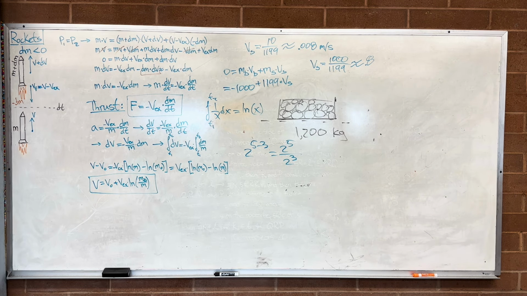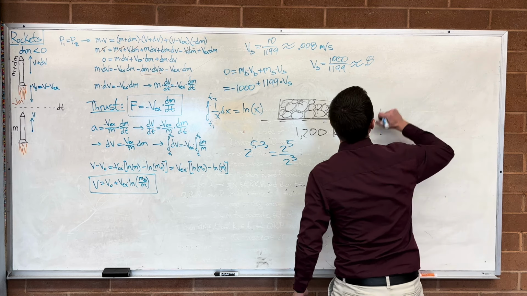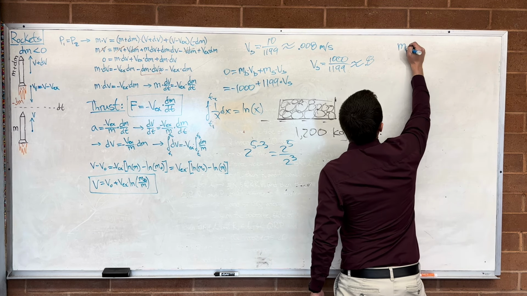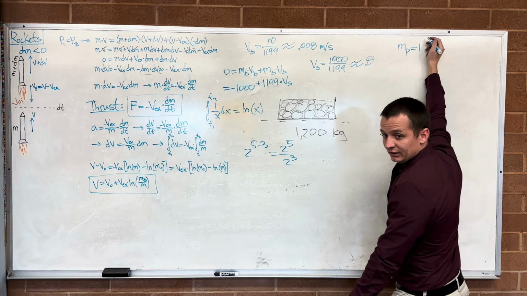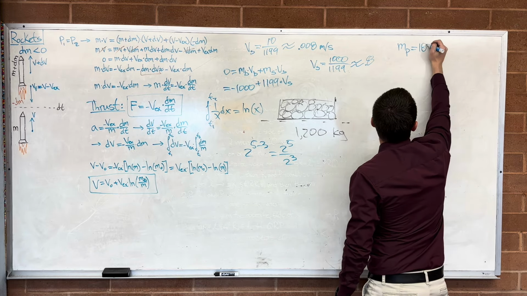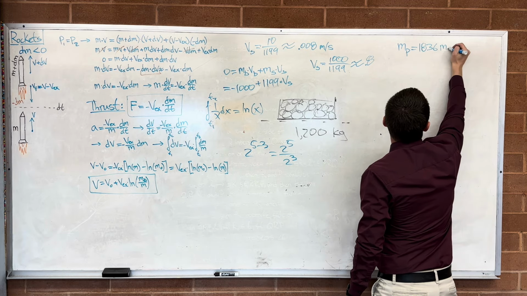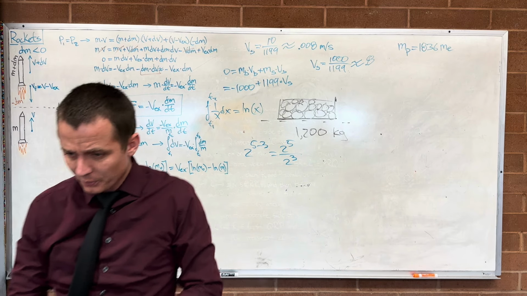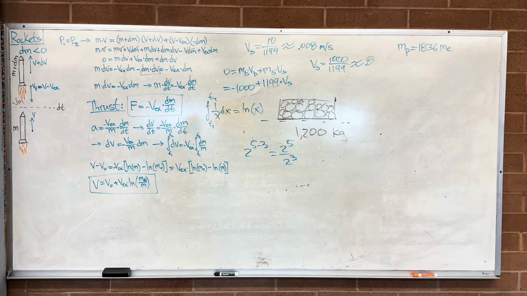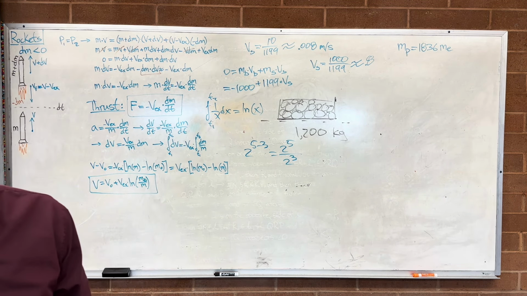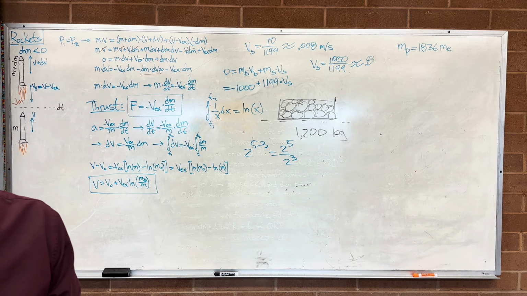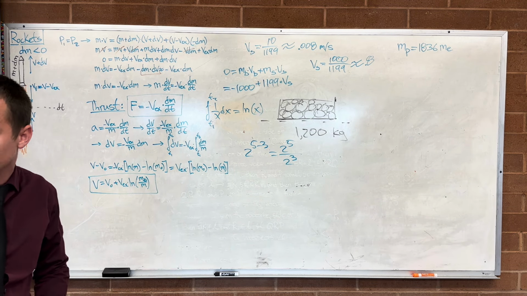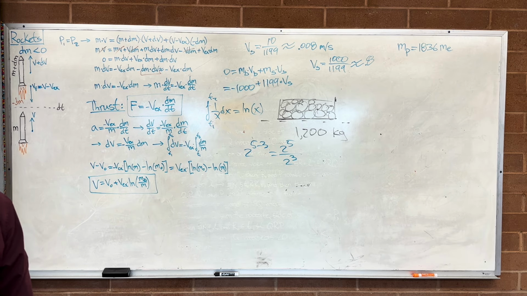So the mass of my proton is 1,836 times the mass of my electron. What fraction of the total energy released goes into the kinetic energy of the proton?